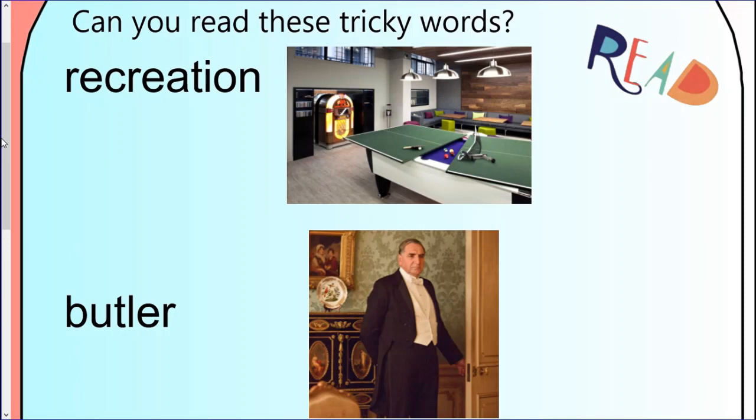As you can see there are some sofas, some music and a pool table or a table tennis table. It's both, I think, yeah. And the next word is butler. So a butler is the highest levels male servant in a house. So it's somebody who is in charge of all the other servants.